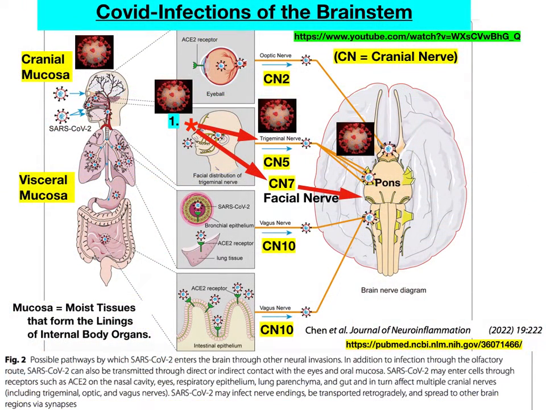Let us now discuss the potential for a COVID eye infection to spread to the brainstem. Again, there are 3 cranial nerves which innervate the eye: cranial nerve 2, the optic nerve, cranial nerve 5, the trigeminal nerve, and cranial nerve 7, the facial nerve. Let us concentrate on cranial nerve 5 and 7, which innervate mucosal tissues of the eye.